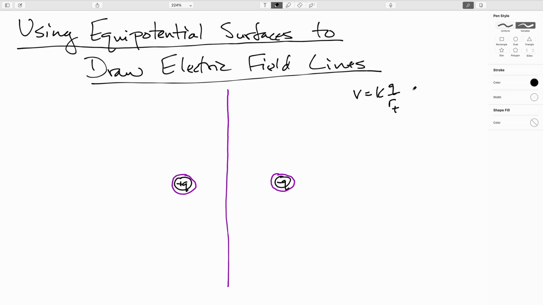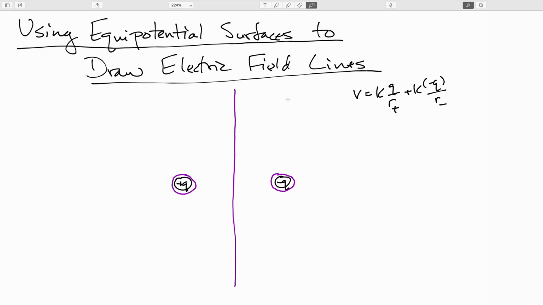And then since the other charge was negative, this would be plus k times negative Q over the distance from the negative charge. So anywhere where R plus and R minus, the distance from the positive and the negative charge, is the same, that would correspond to where the voltage was 0. And so that would be anywhere on this plane right here.